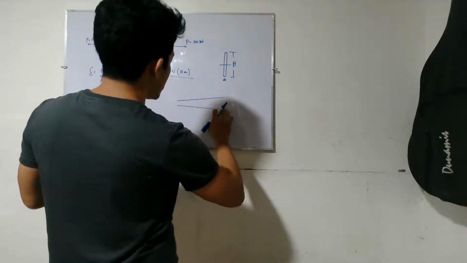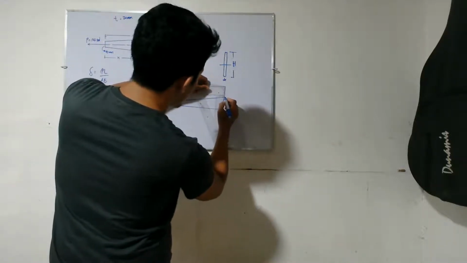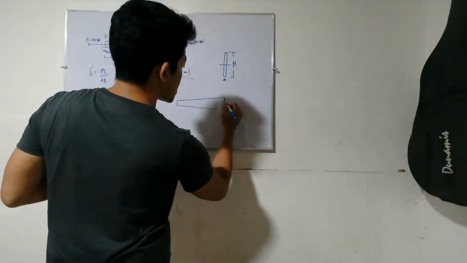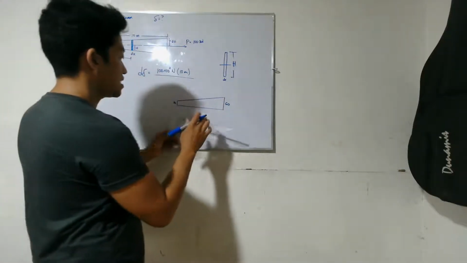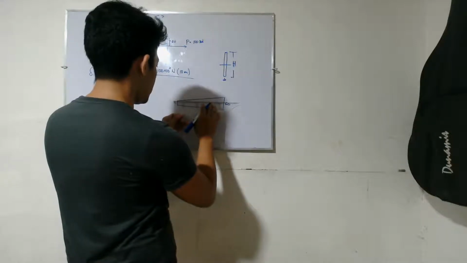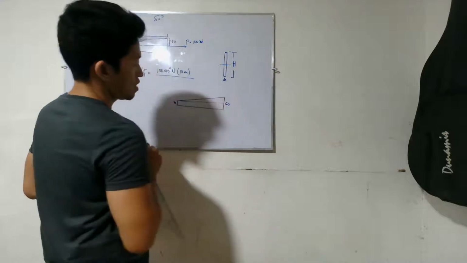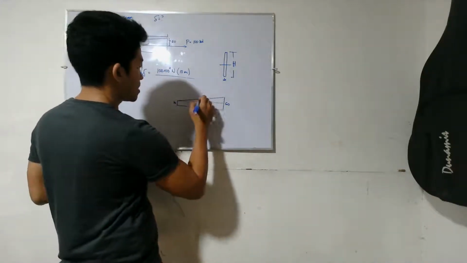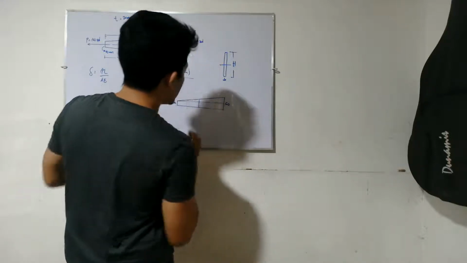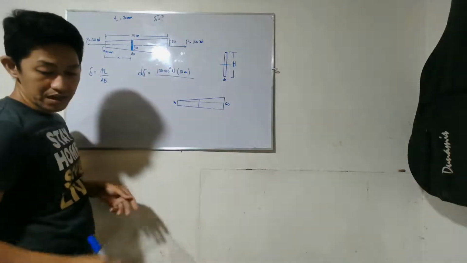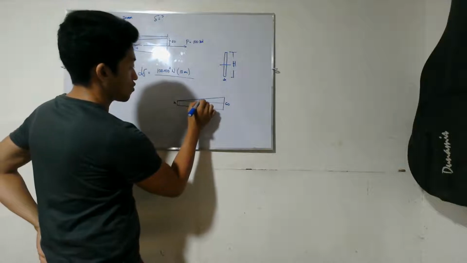Okay, so this one is 60, this one is 20. By ratio, we will get y.